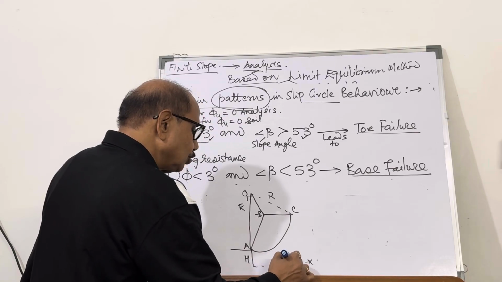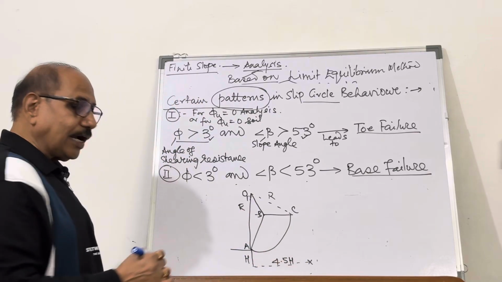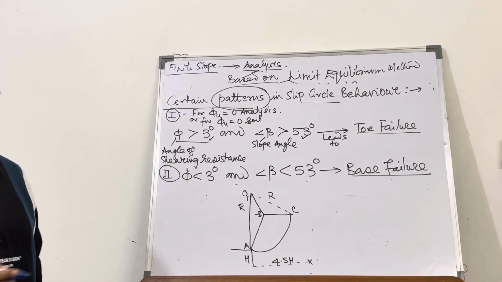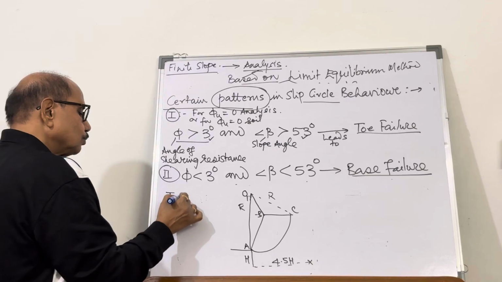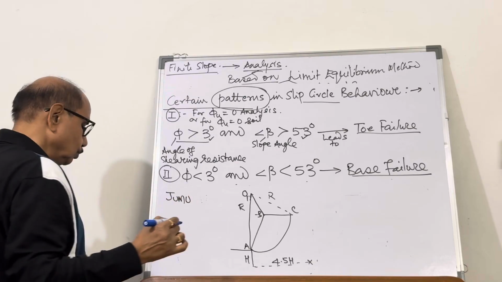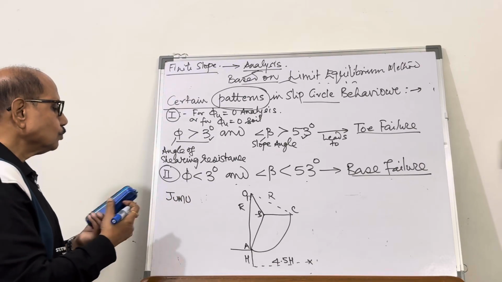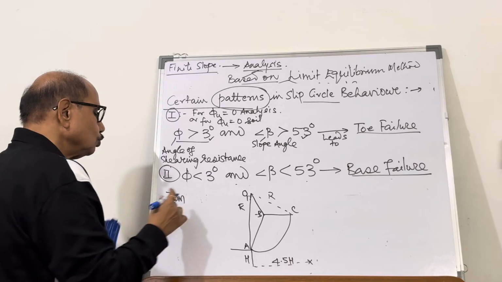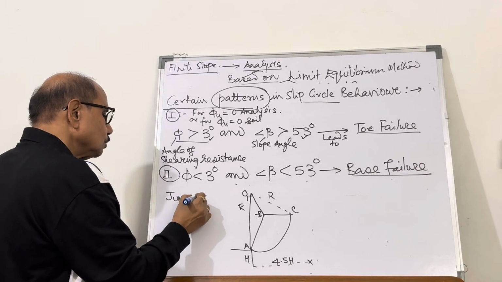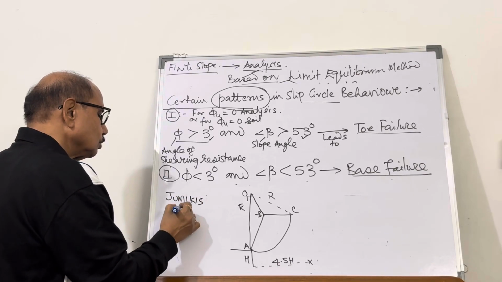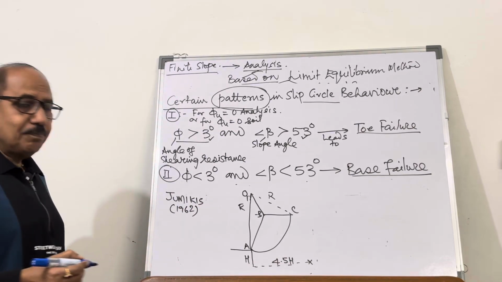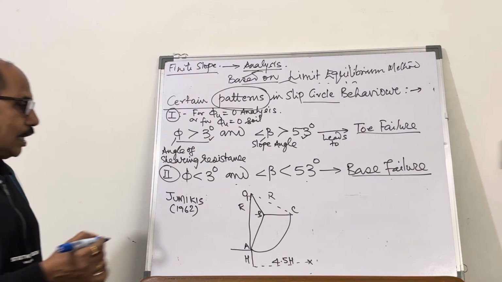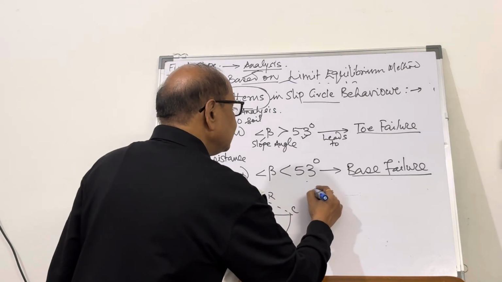4.5 times h. This is shown by Jumikis in 1962. Jumikis said if it is C prime, phi prime soil. What type of soil?